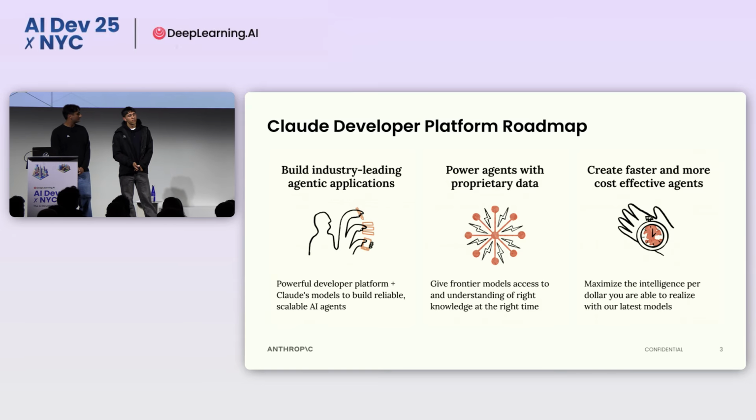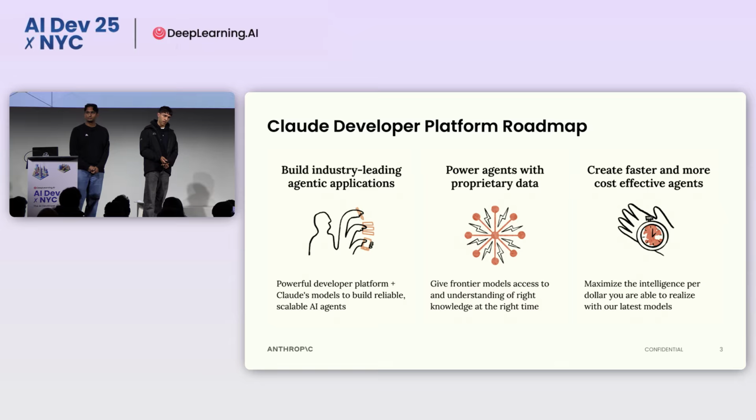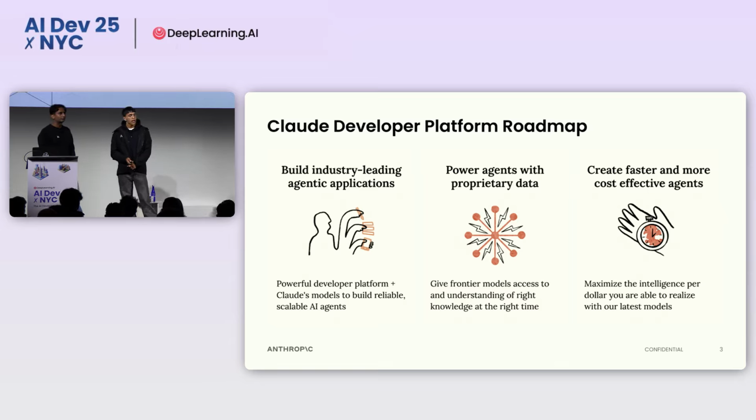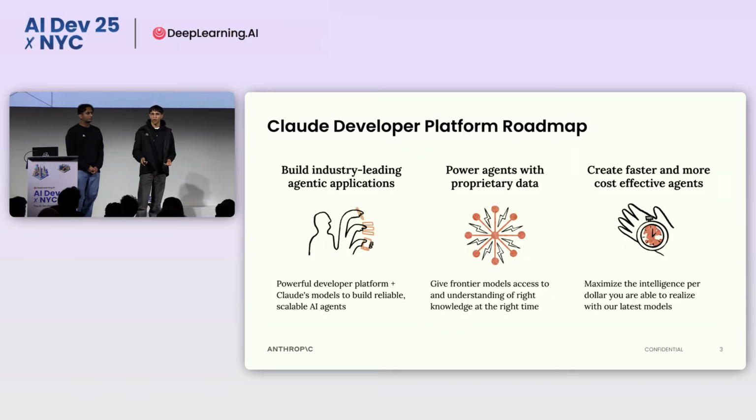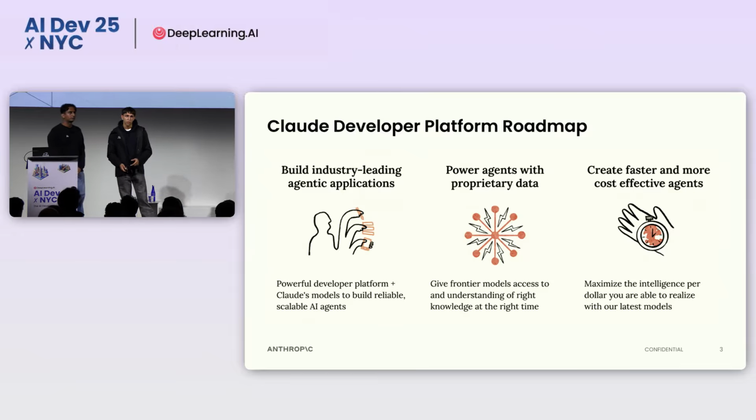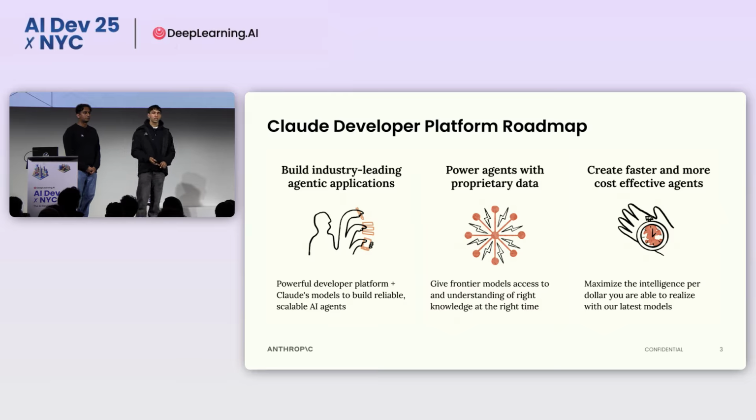So speaking of the Claude Developer Platform, I want to take you through the roadmap that we have here. And we can really break it down into three sections. The first one is obviously enabling all of you to build the best applications on top of Claude. And this is our big impetus to build the features that I talked about before, like memory, orchestration, web search, and such.